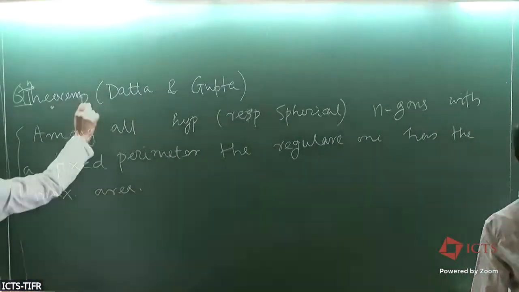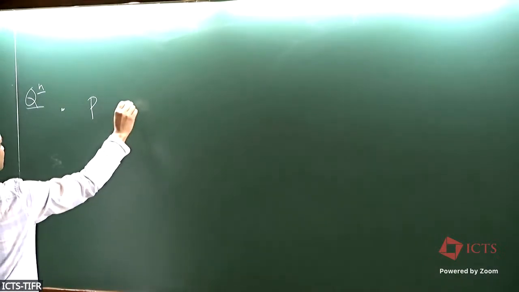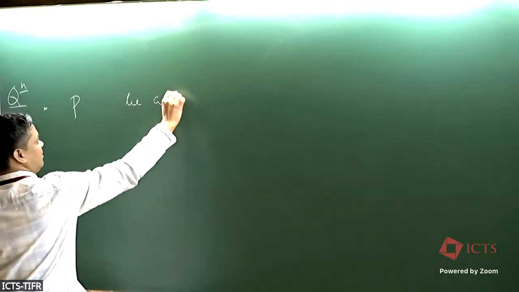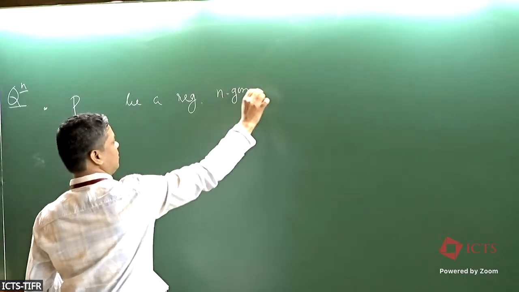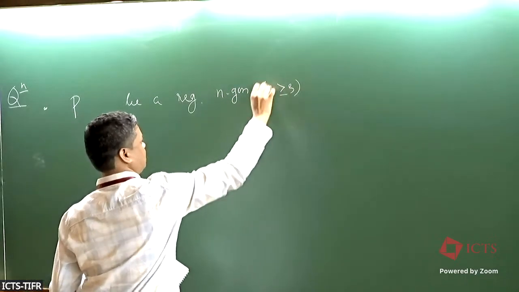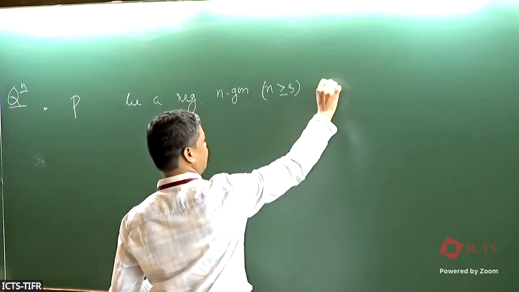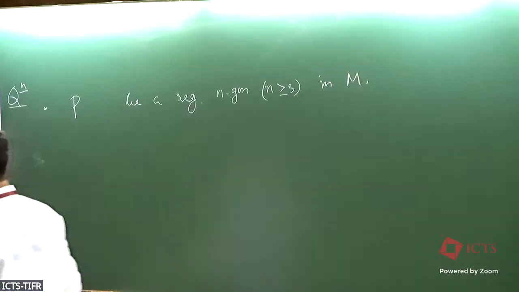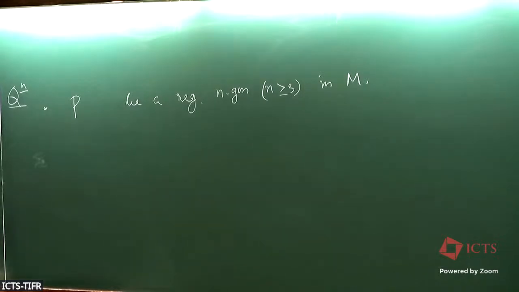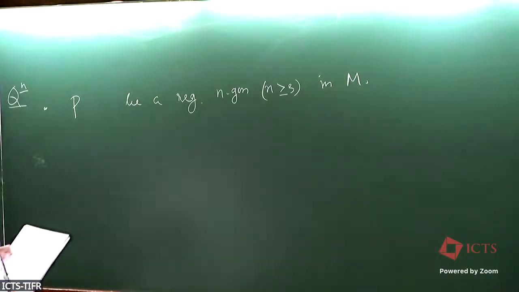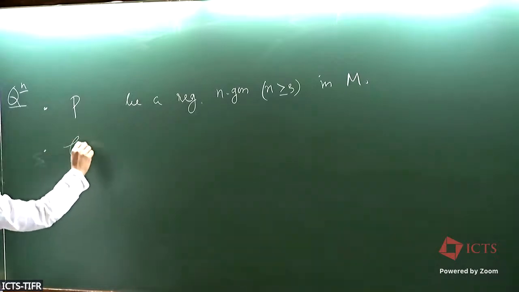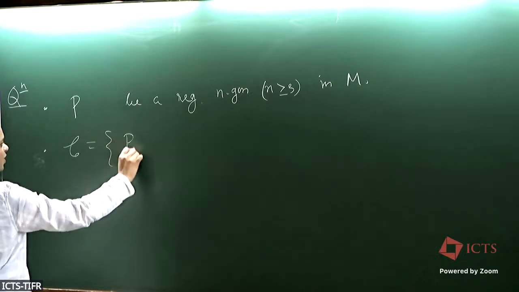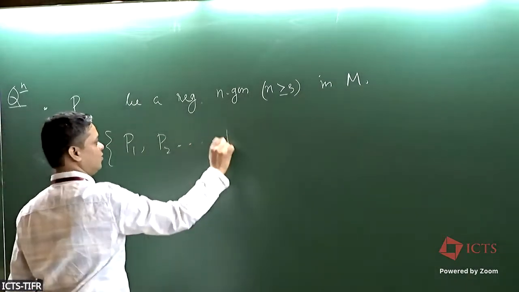Let P be a regular n-gon, where n is greater than or equal to 3, of course, in M. M is either the Euclidean plane, the sphere, or the hyperbolic plane, and we define a configuration of polygons by C equal to P1, P2, and so on, Pk.